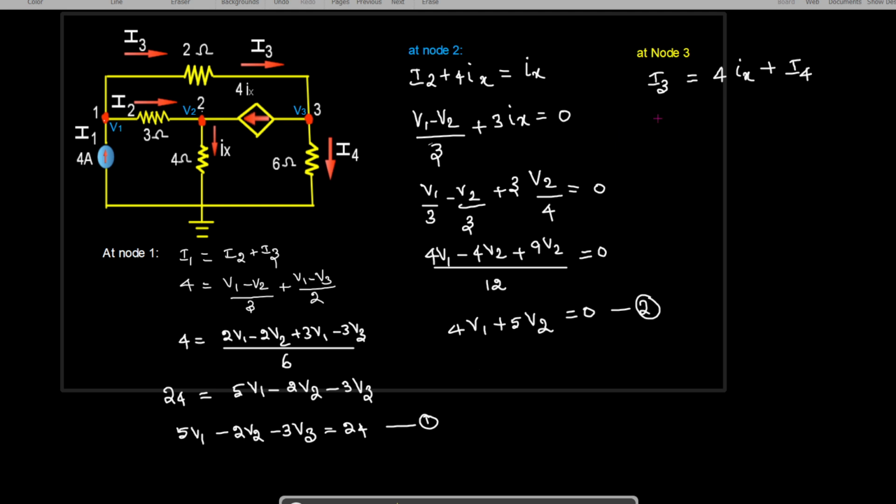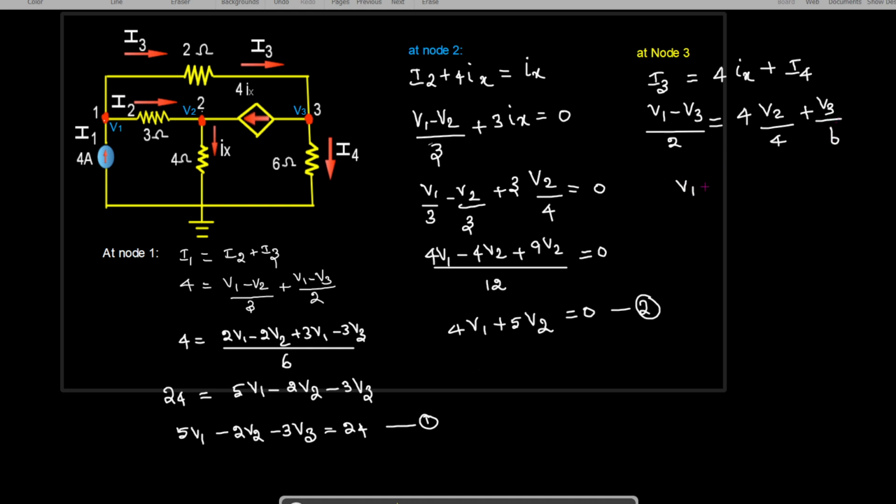This I3 can be written as V1 minus V3 by the 2 ohm resistance through which it is flowing, because it starts from node 1 and ends at node 3. That is equal to 4 into Ix, and we know already that Ix is V2 by 4, plus I4, which can be written as V3 by 6.